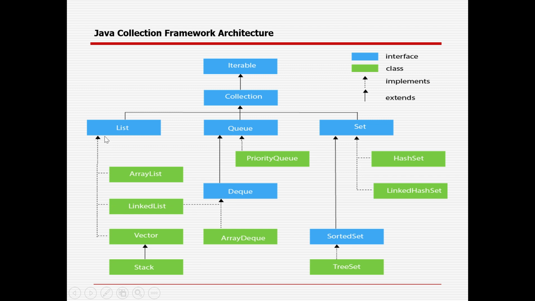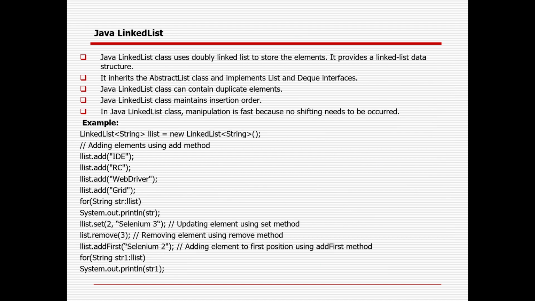List means same ordered and it can contain duplicate elements as well. But Deque means on both sides you can perform the operation. Both sides means it is not like one side. You can add at the start, you can add at the end as well. So that is the additional thing available from the Deque. So that is the reason linked list.